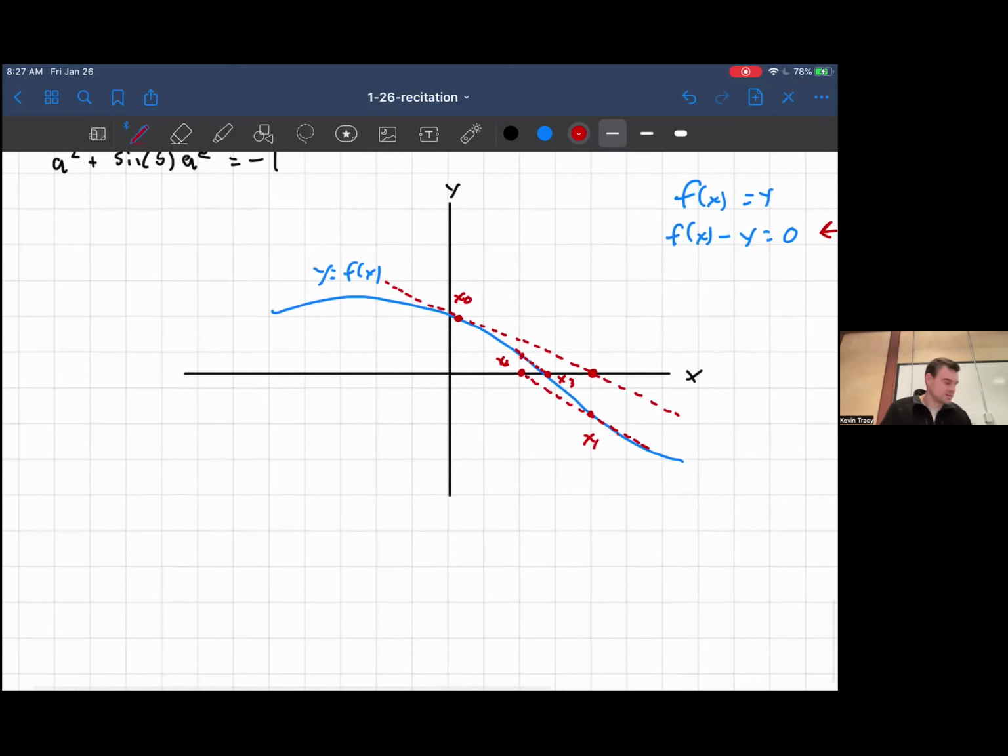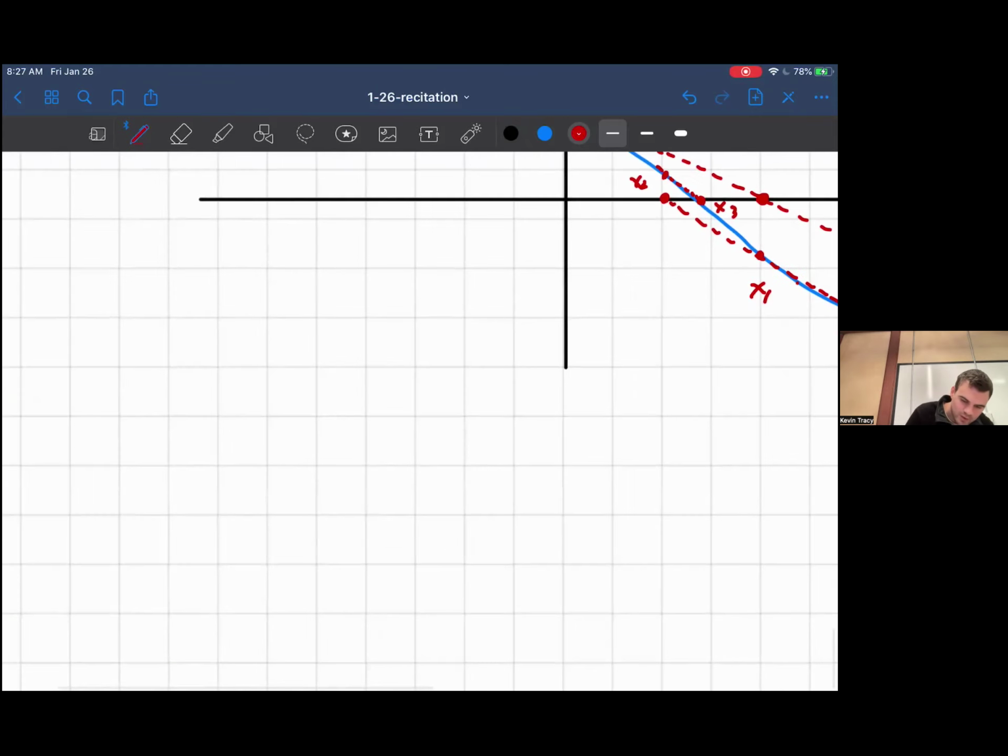So let's look at what this looks like in terms of the actual math. I have some function y, so I have f of x equals 0. Root finding: I'm looking for x that makes the output 0. So I'll take my current iterate x0, and form a first order Taylor series of this.